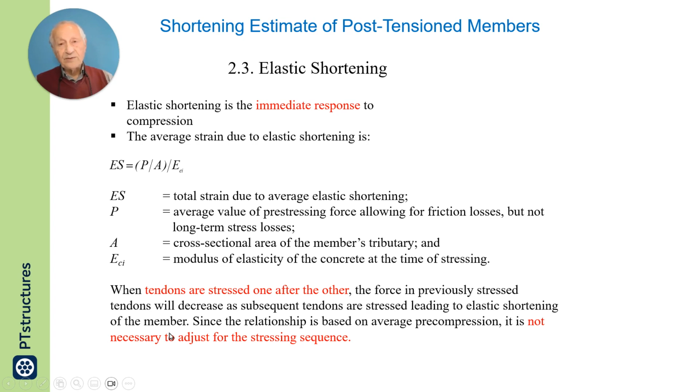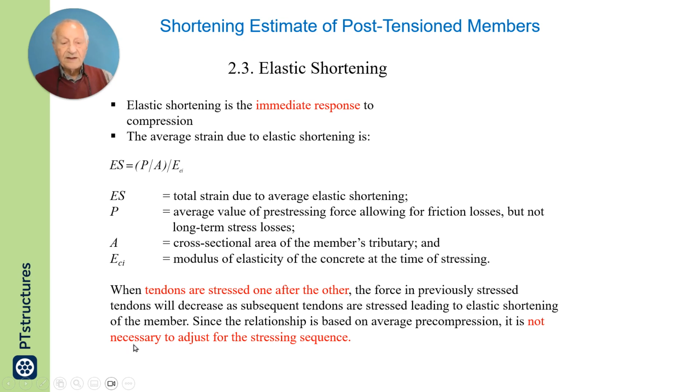Now, when you stress subsequent strands, you compress the slab, so the tendons which were stressed before are likely to lose slightly their precompression. The relationship is based on average precompression.